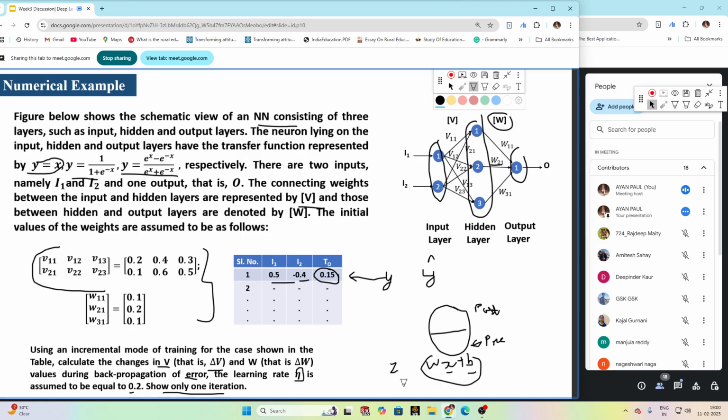So z equals wx plus b, and now after that is post-activation. g is the activation function, so we just put the value of z in the g function. So g of z is the output of the neuron, or the post-activation output, or just the output of the neuron. Clear?